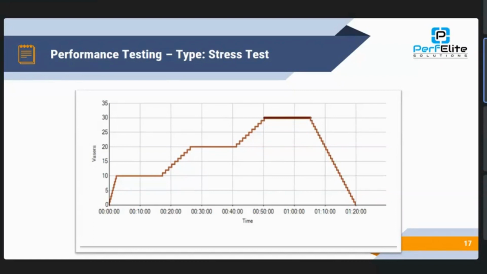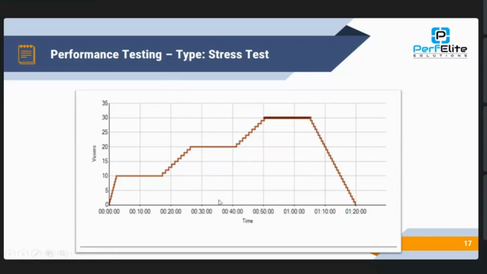The ramp up is what matters; a ramp down can be anything. Ramp down will never be considered, because you don't have to measure response time in the ramp down. You measure response time whenever users are actively running, so the ramp down will not matter. You can have the ramp down at the end.